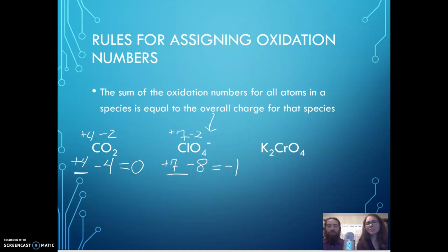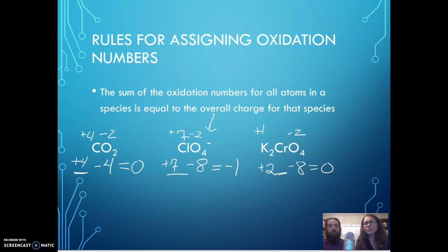Okay, back to a neutral compound, and in this case, if you have an ionic compound, you have to think about your monatomic ions. So potassium is a +1 ion. So if I have 2 potassiums, that's +2. And then our oxygen rule was a -2, but we have 4 of them, so that's a -8.